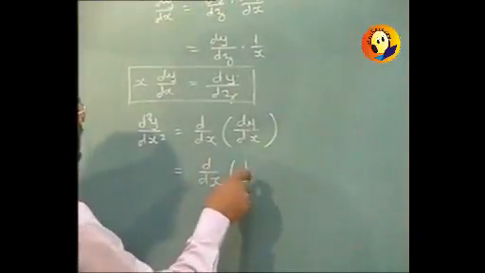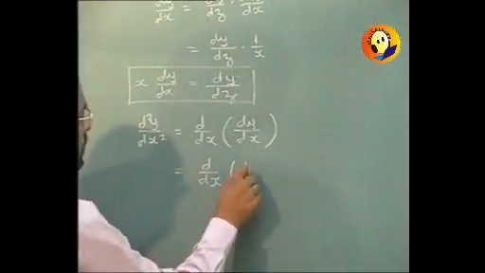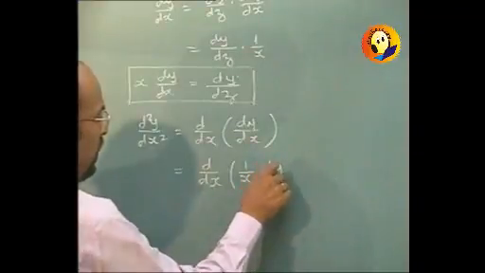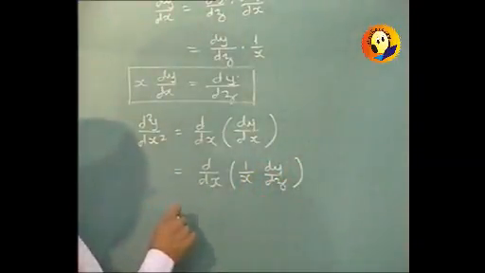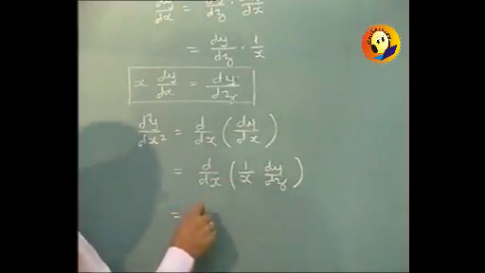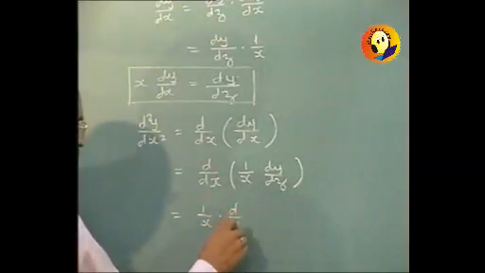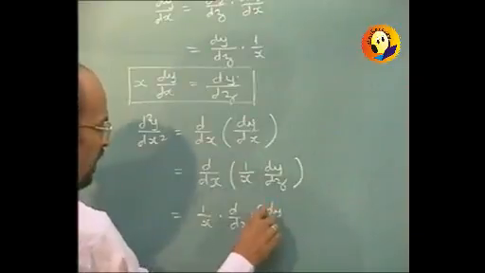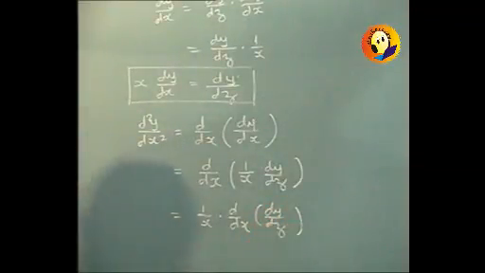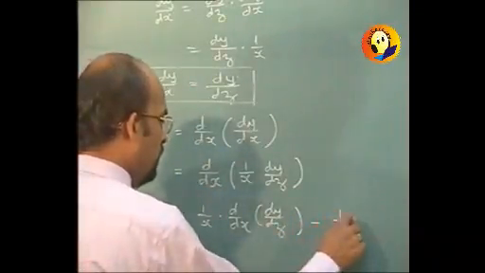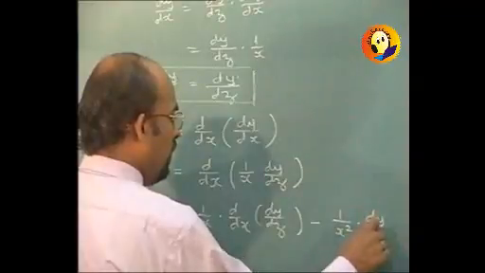So d by dx into dy by dx is substituted as 1 upon x dy by dz. Now if we differentiate it using the product rule, it will be 1 upon x into d by dx of dy by dz minus 1 upon x square into dy by dz.